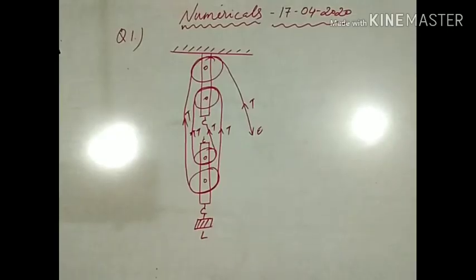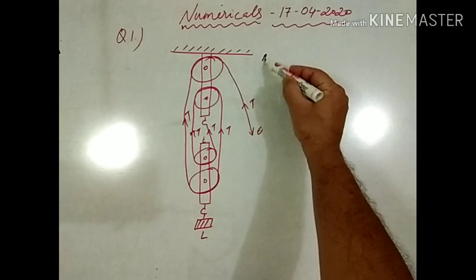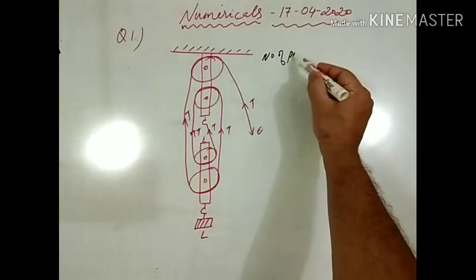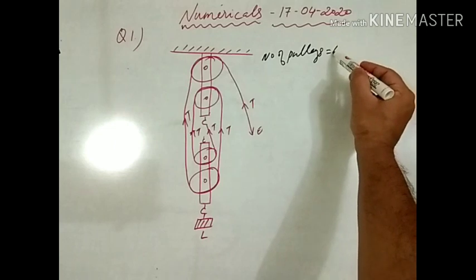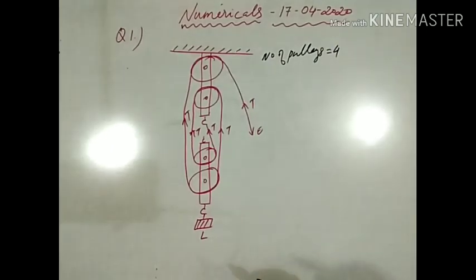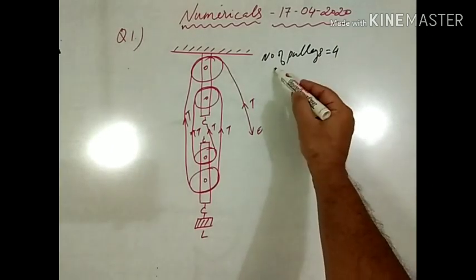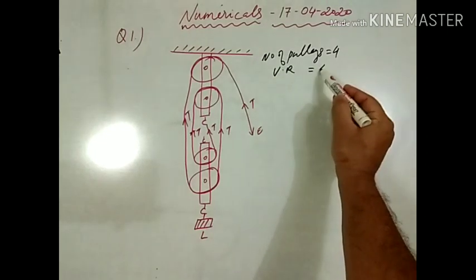Let us solve. First, we will note down the quantities given in the question. Number of pulleys is equal to 4. Therefore, the velocity ratio must be equal to 4.